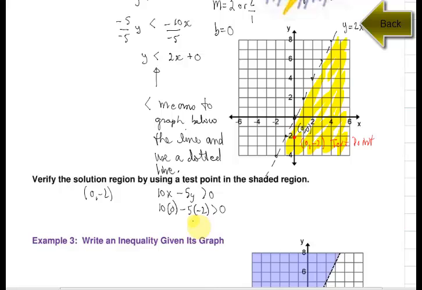So I get 0 plus 10, which is just 10. Is 10 greater than 0? Yes, it is. That is true. So our shaded region is correct. Okay, so that ends our discussion on example number 2.